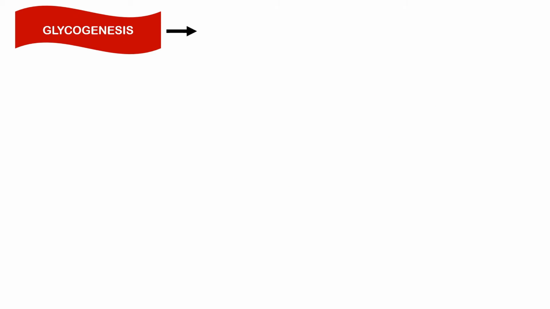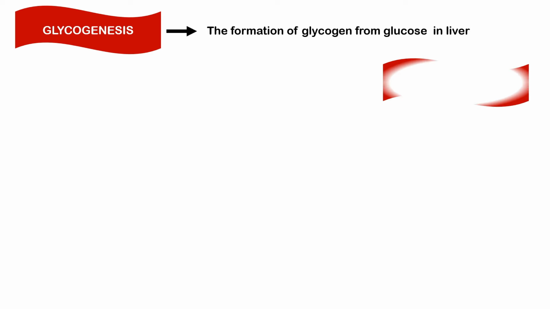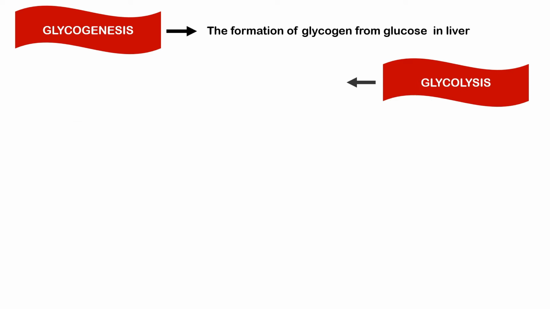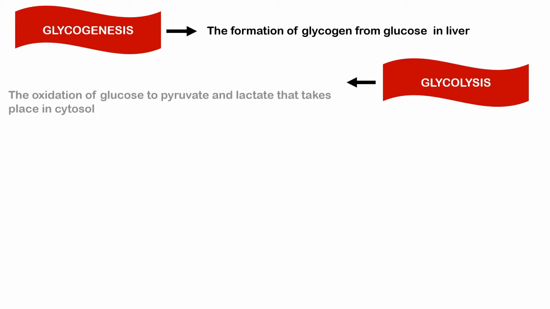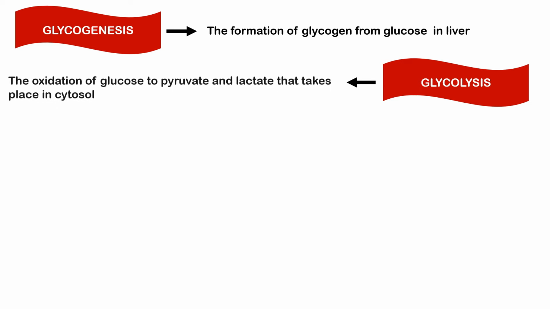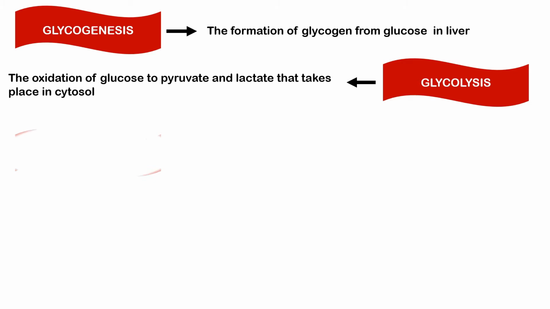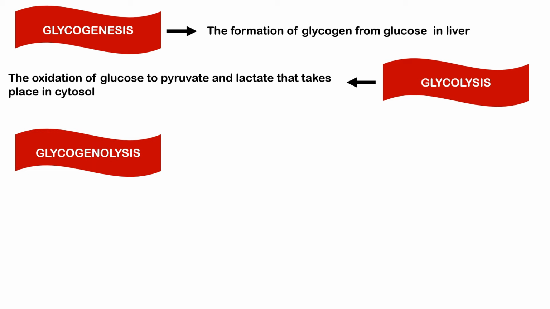The first one is glycogenesis, which is the formation of glycogen from glucose in the liver. The second one is glycolysis, the oxidation of glucose to pyruvate and lactate that takes place in the cytosol. The third one is glycogenolysis, which is the breakdown of glycogen to glucose.